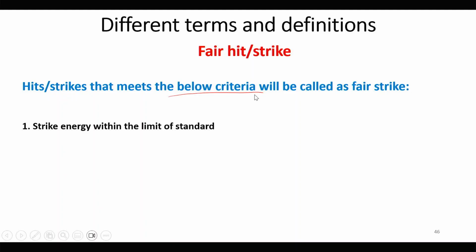The strike energy should be within the limit of the standard that we have already specified. There are different types of strike energy, E1 level, E2 level. Within that limit, only then will we call it a fair strike.